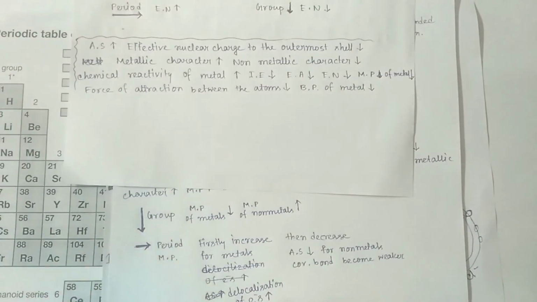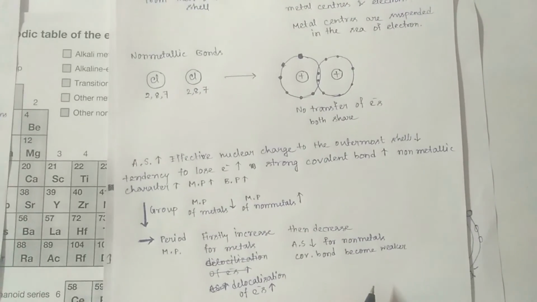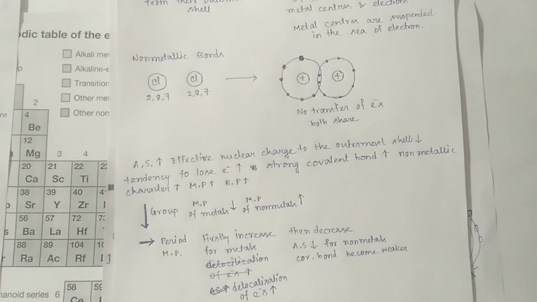But there is another kind of thing that happens across a period. If we move from left to right, the melting point first increases for metals because of the delocalization of electrons. For example, sodium, magnesium, aluminium: aluminium will lose more electrons than sodium. It will lose 3 electrons.